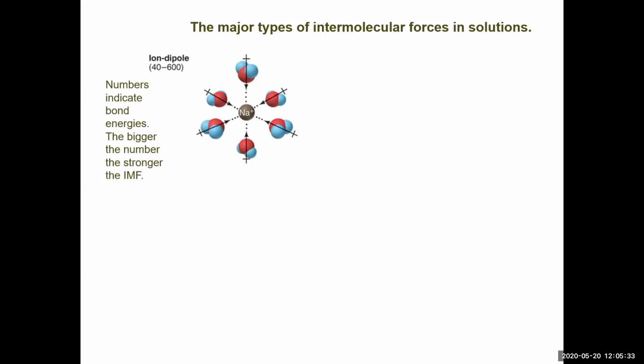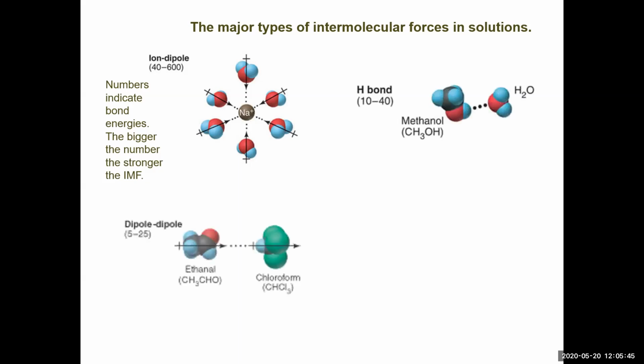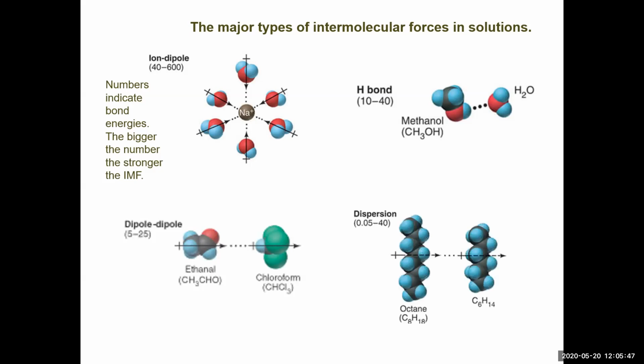Okay, so here's some of the intermolecular forces that you're going to see in solutions. The main ones are going to be ion dipole, hydrogen bonding, dipole, and London dispersion. The numbers here are telling us the bond energies.